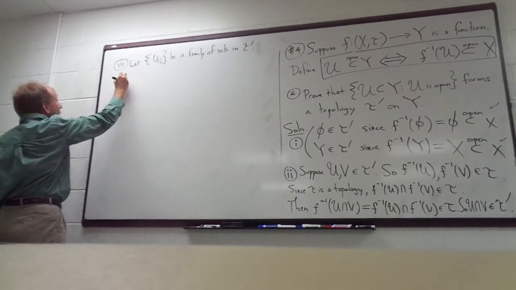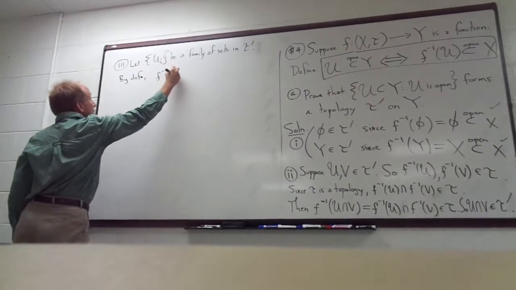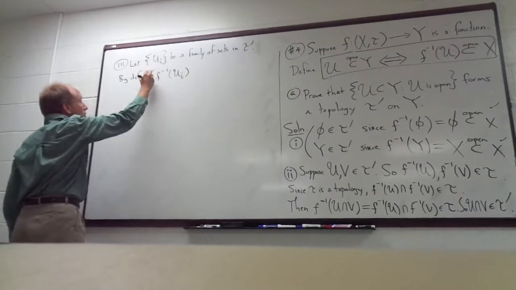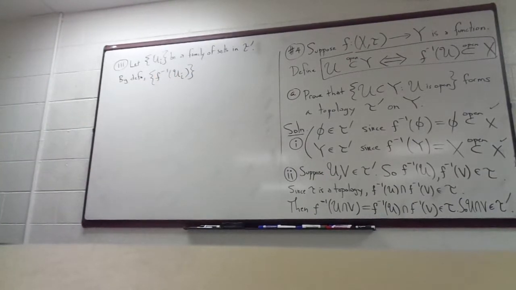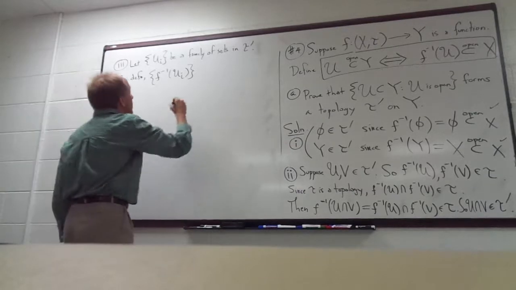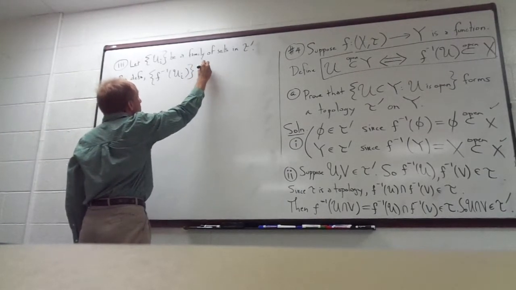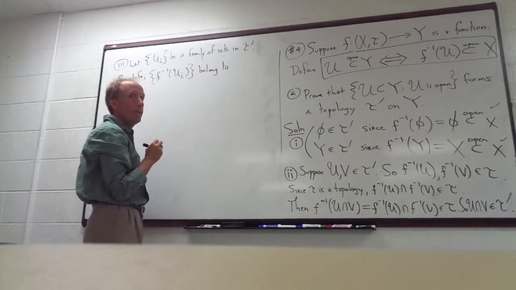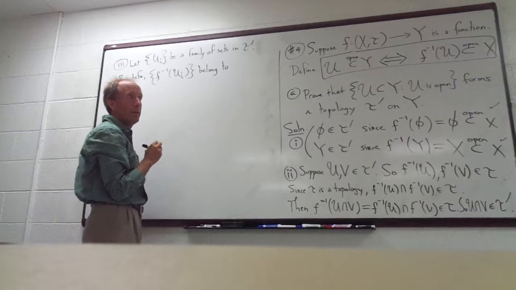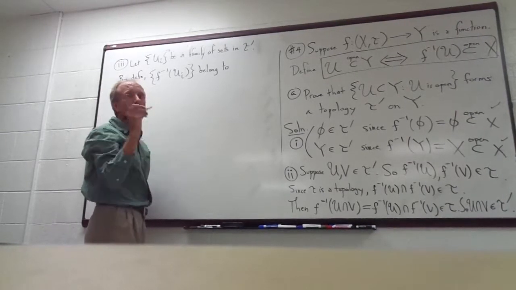Then by definition, the pre-image of U sub i, if you take the set of all of those pre-images, what do you know about them? Where do they live? They live in X, but more specifically, in tau.